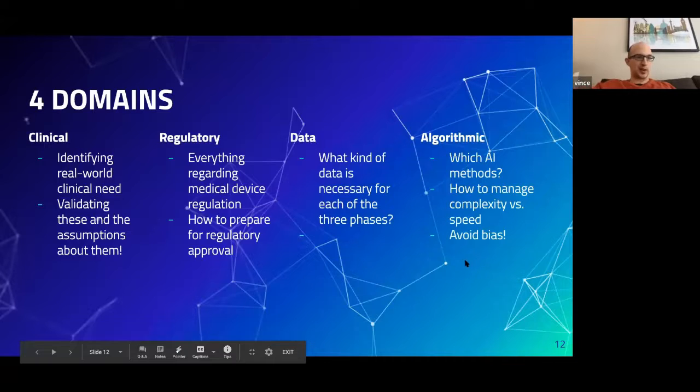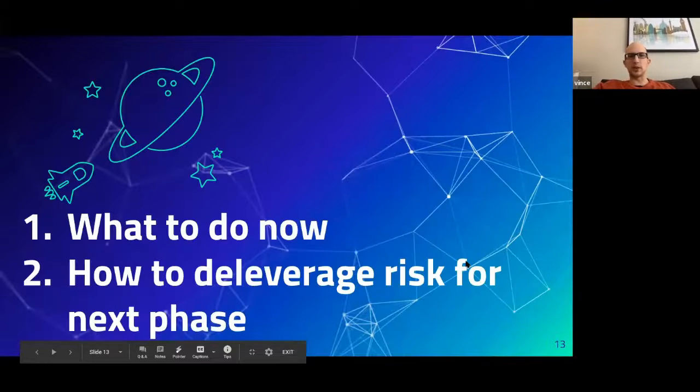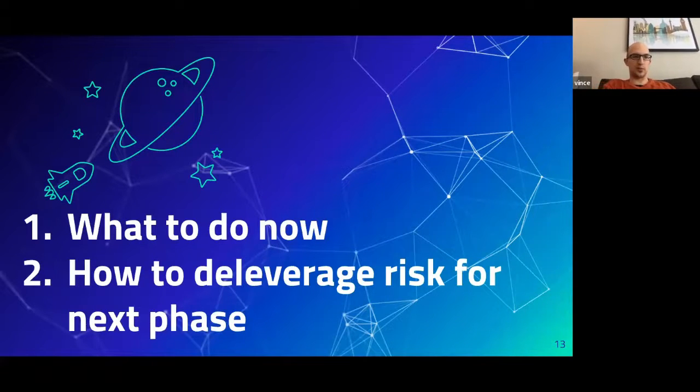If you go to the next slide, one of the really important things is that we focused on two things. In every phase, you actually face two things. What is it that you have to do now, which is really important to be able to proceed to the next phase? However, you also want to do things to de-risk already for the next phase.